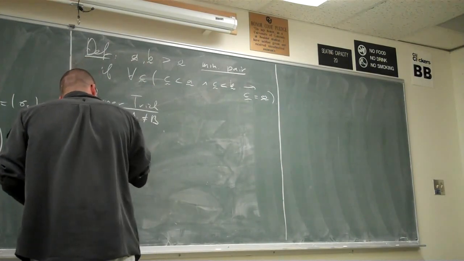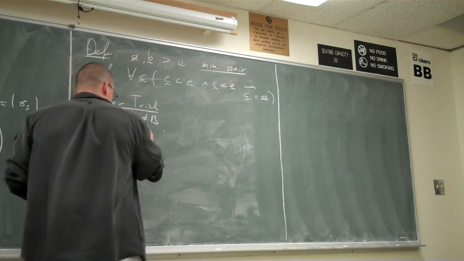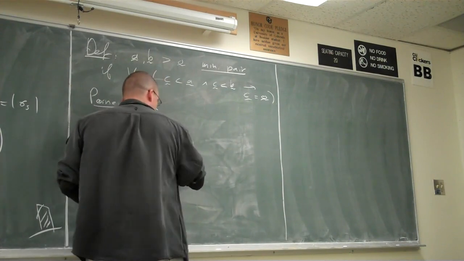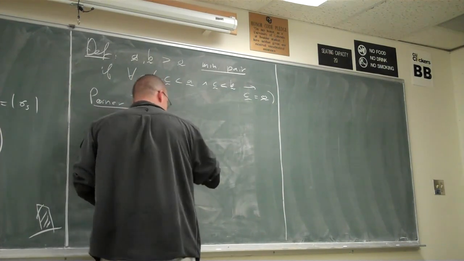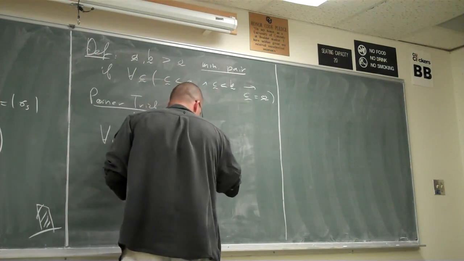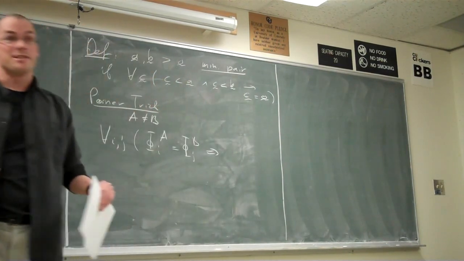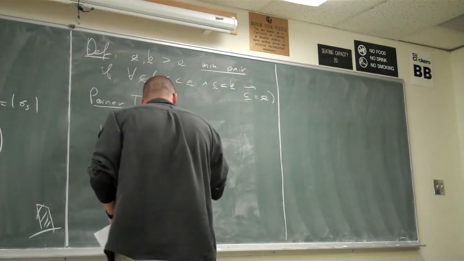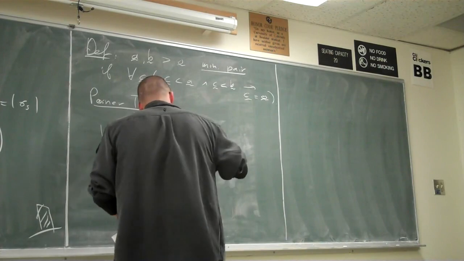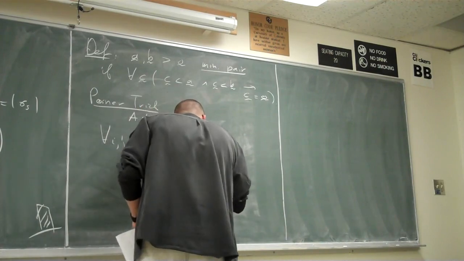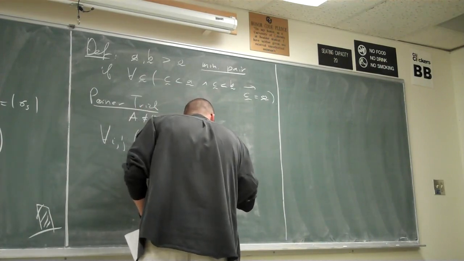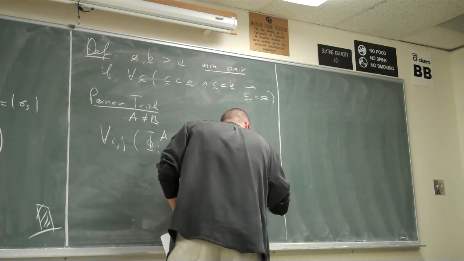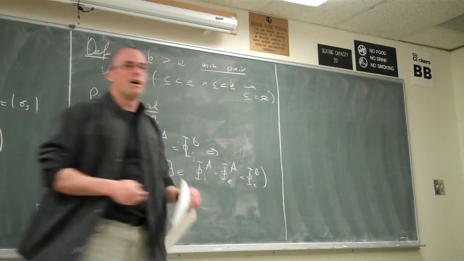Then if it is the case that for some i and j, the thing computed from A by the machine i and the thing computed from B by the machine j are equal, then there exists one machine E such that phi_i of A is equal to phi_E of A is equal to phi_E of B.